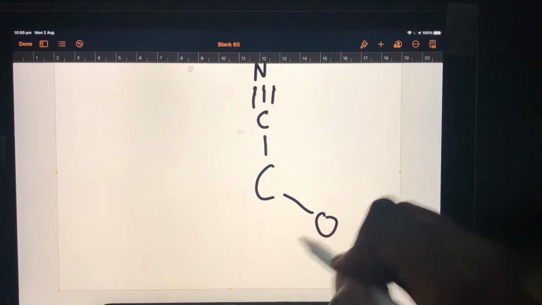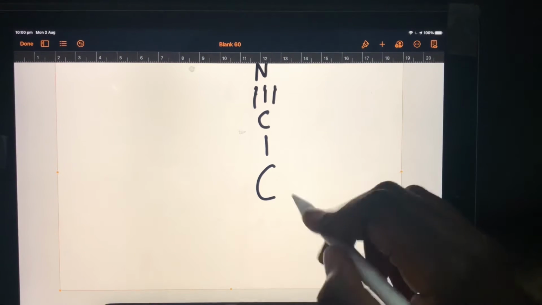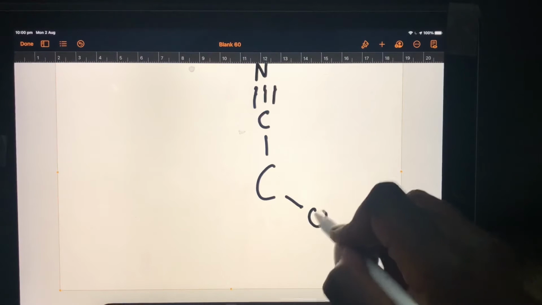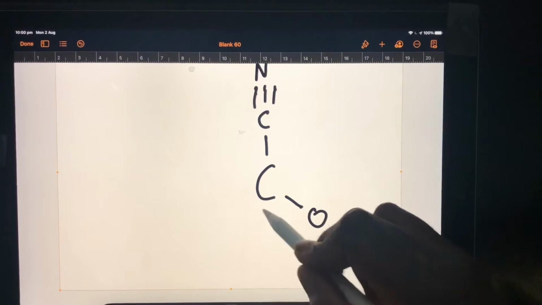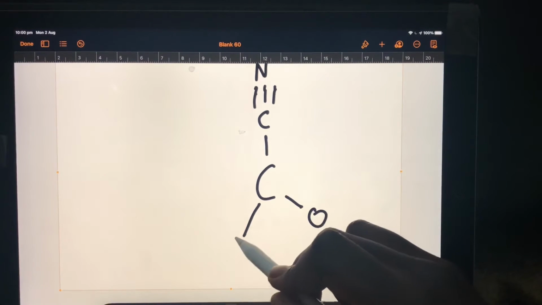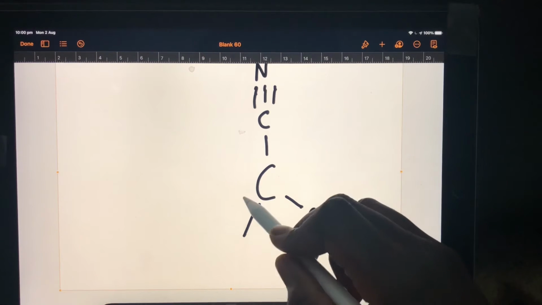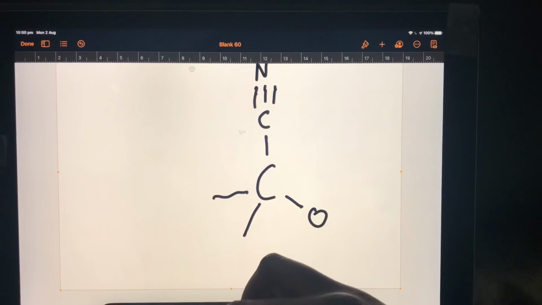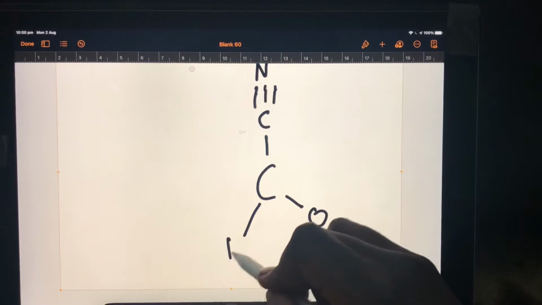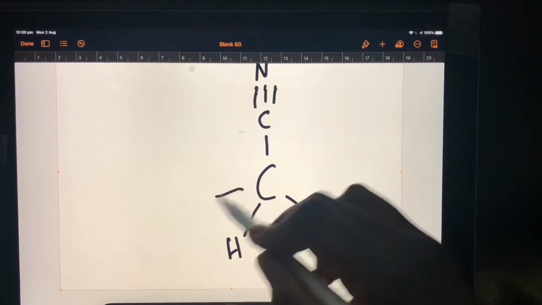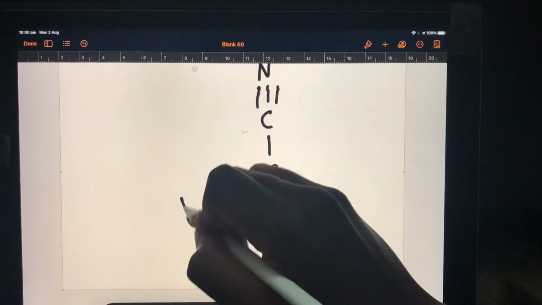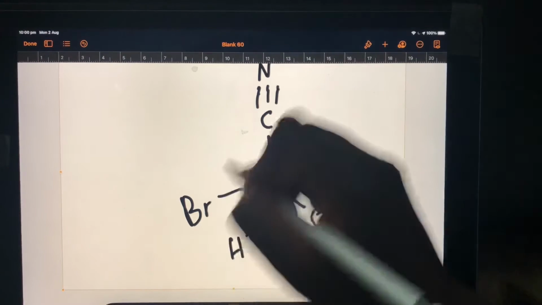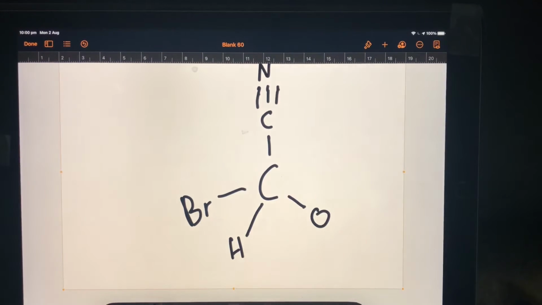It's not a straight line, but then a hydrogen group, so I can just put that there. And then bromine. Let's have a bromine group here. This compound will have an optical isomer.